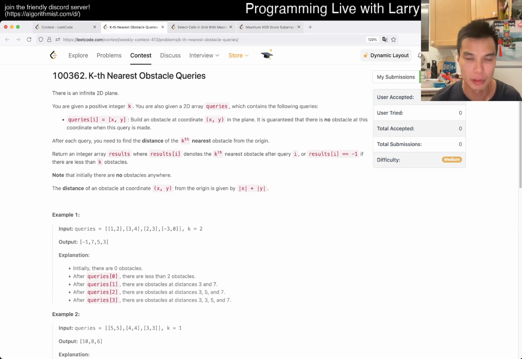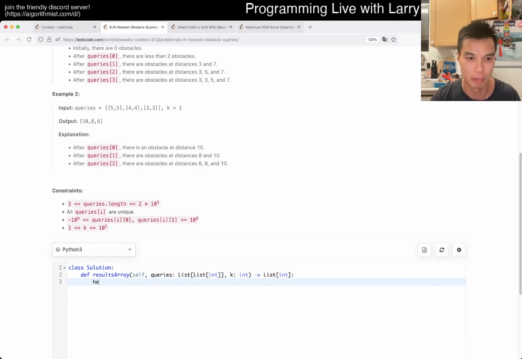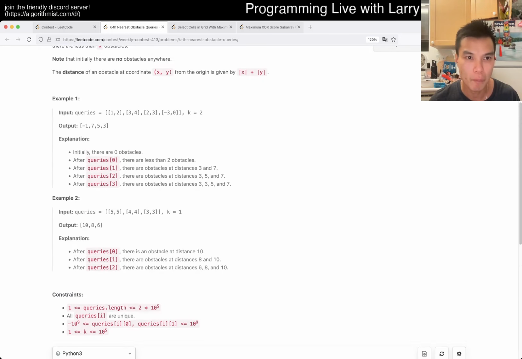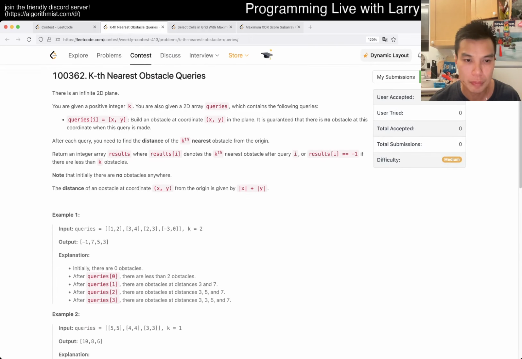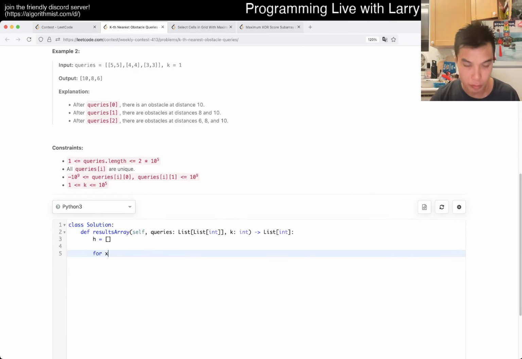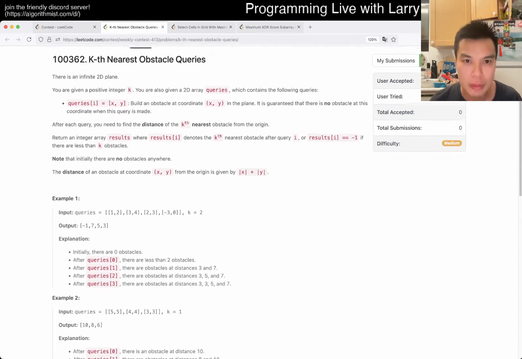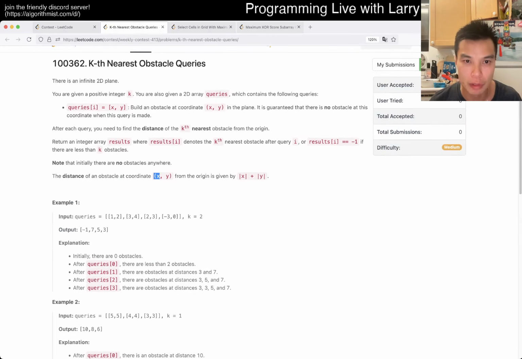Cave nearest obstacle from the origin. Okay, cave nearest. So now we have further away. I mean, it's a heap problem, but oh, it's x plus y, huh?